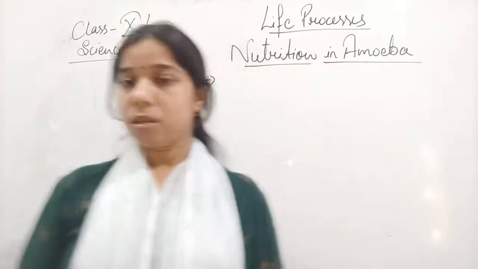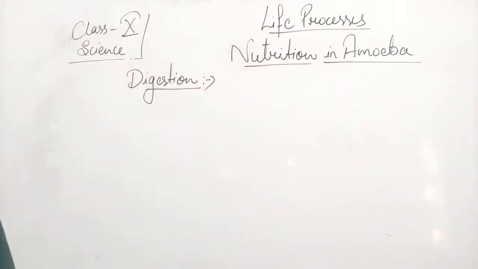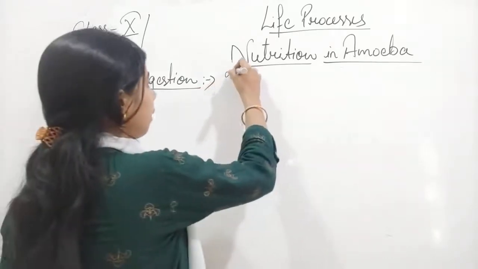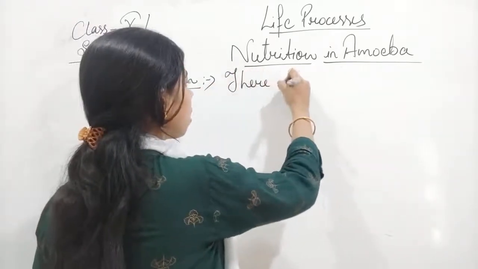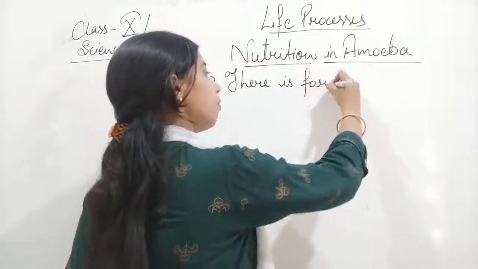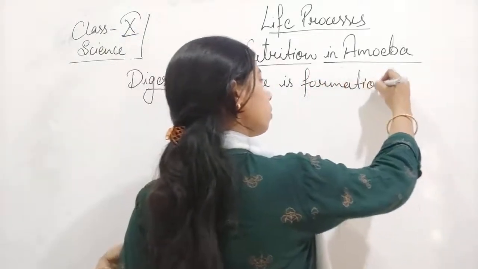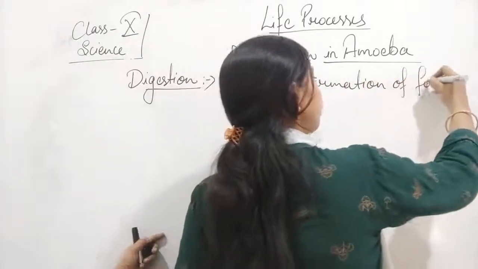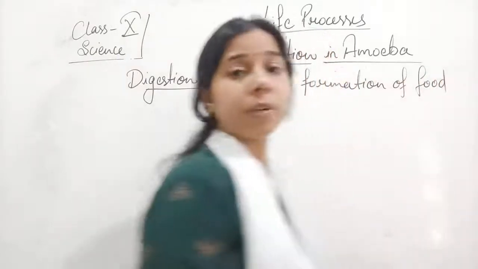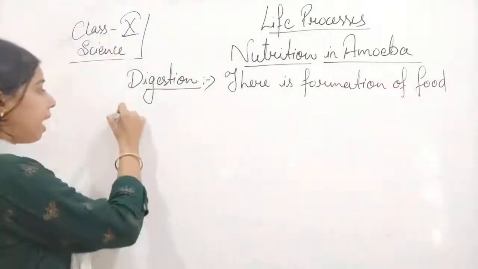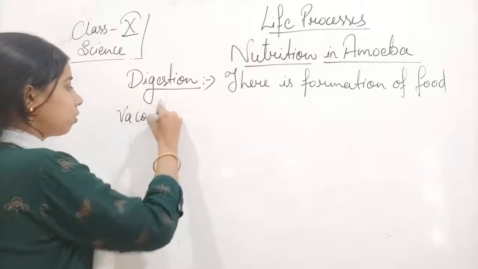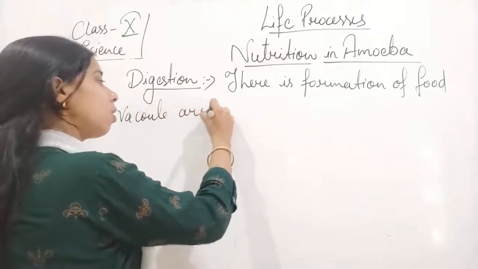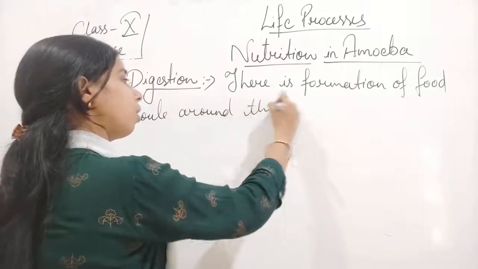All the digestive juices start entering the food vacuole in order to break it into soluble form. So we can write here in digestion: there is a formation of a food vacuole around the food.